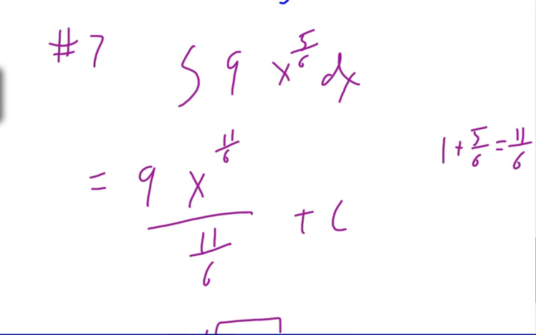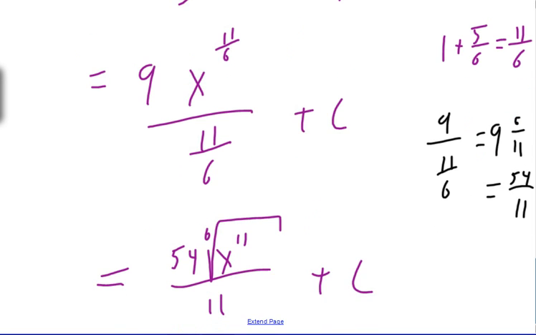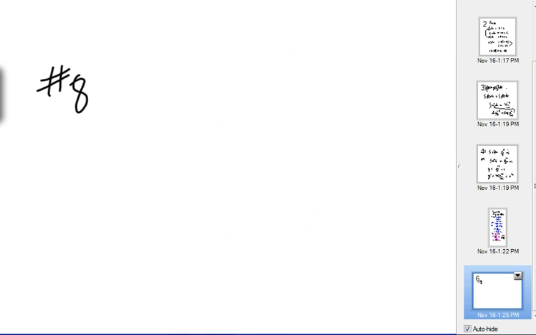Right, I'm inverting and multiplying. So I have 9 divided by 11 over 6. I invert and multiply. 9 times 6 over 11 equals 54 over 11. Is that what you're trying to tell me? I thought you were trying to ask something more profound. I should have known better.